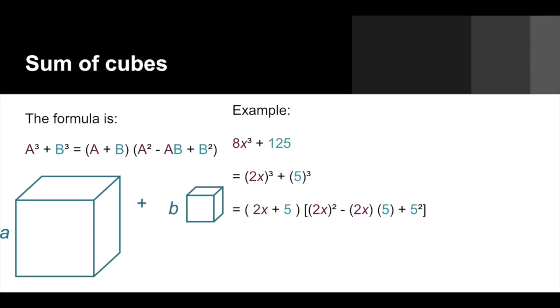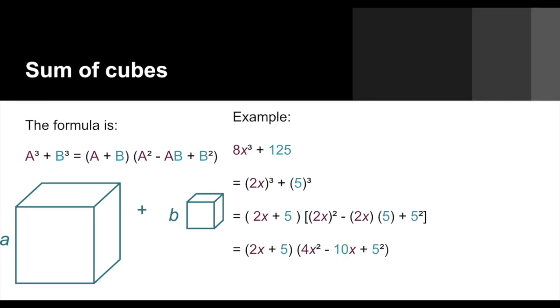Then you apply it to the formula to equal 2x plus 5 times 2x squared minus 2x times 5 plus 5 squared. You then simplify to get the answer 2x plus 5 times 4x squared minus 10x plus 25.